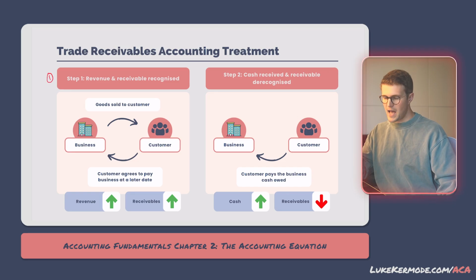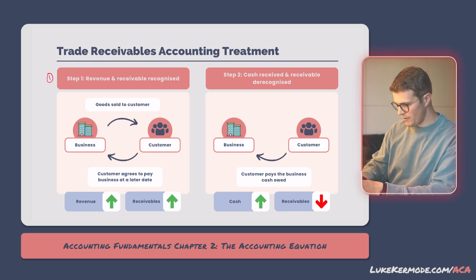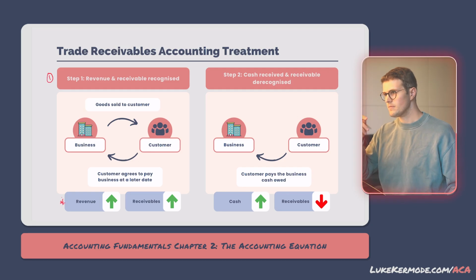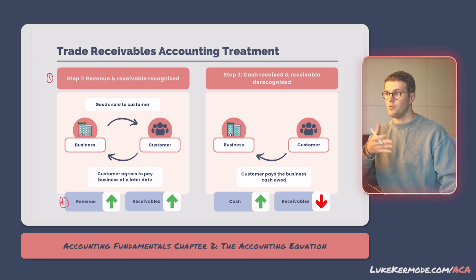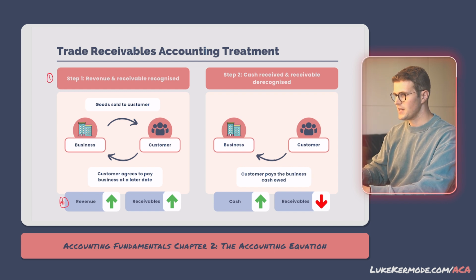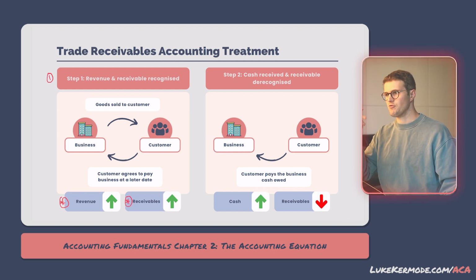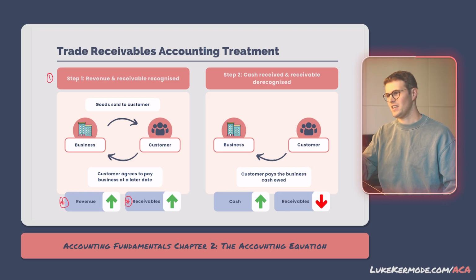At this point, two things happen in the accounting system. One, revenue is recognised, even though no cash has been received yet, so revenue is recognised in the income statement. And secondly, on the balance sheet, a trade receivable is recorded representing the amount the customer owes.